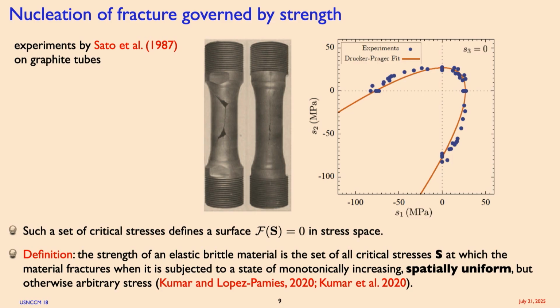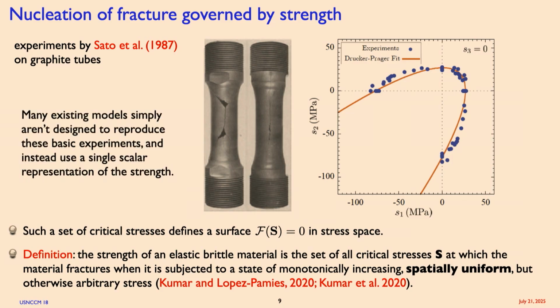What do we do typically? Right, a lot of existing models simply aren't designed to reproduce even these basic experiments, right? So this experiment has existed, we've known about it since 1985. It's only been reproduced within the last 5 years, okay? Right, and so what we do typically is at best we'll use information like the uniaxial tensile strength, right?